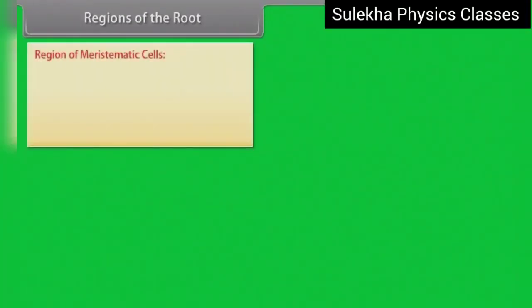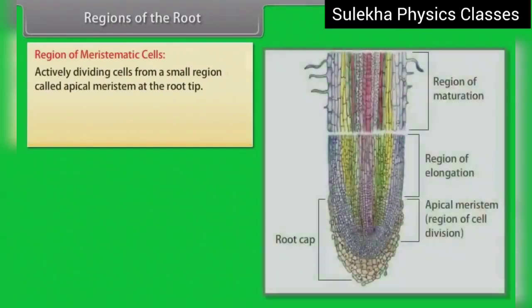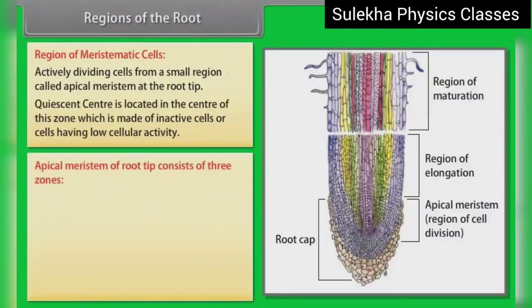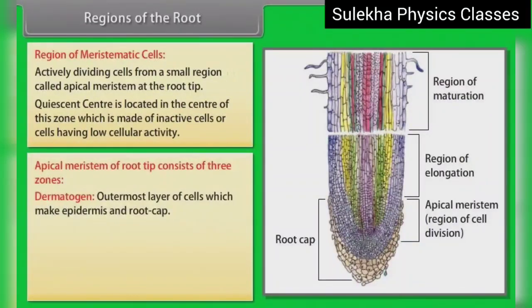Region of meristematic cells. Actively dividing cells form a small region called apical meristem at the root tip. Quiescent center is located in the center of this zone, which is made of inactive cells or cells having low cellular activity. Apical meristem of root tip consists of three zones: dermatogen, outermost layer of cells which make epidermis and root cap.